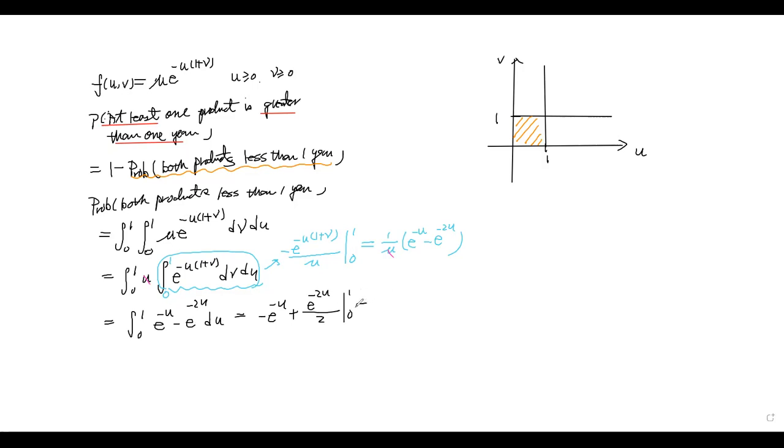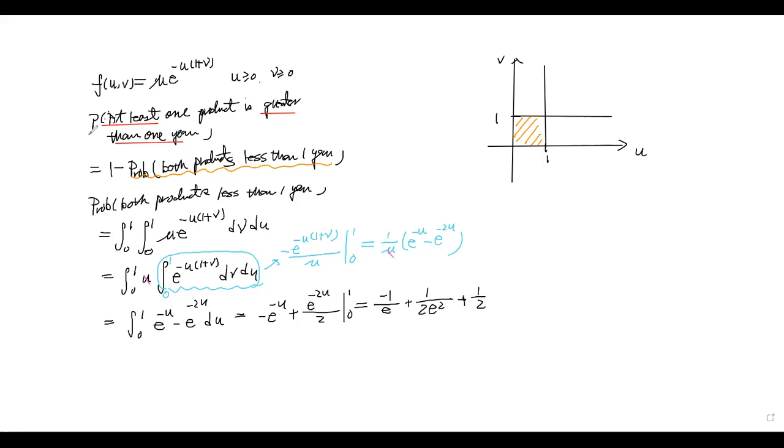The answer is negative e^(-1) plus 1/2 e^(-2), plus 1/2.